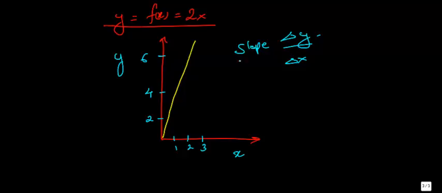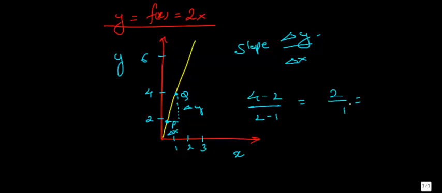And one way of doing that is you take one point and you take another point Q, and then you walk horizontally until you reach vertically below Q, and then you climb vertically. Now this is going to be your delta y, this is going to be your delta x. Your delta y is what? 4 minus 2, and your delta x is 2 minus 1, right? So this is 2 by 1. This is your slope, the slope of this line.